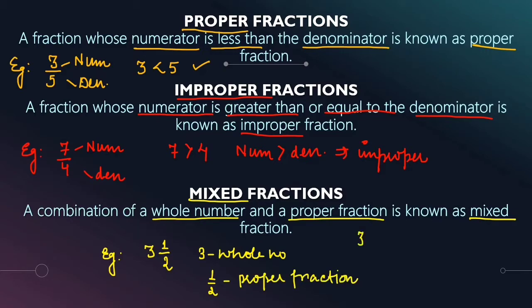So, 3 whole 1 by 2 is a combination of a whole number and a proper fraction. That's why this type of fraction is a mixed fraction.